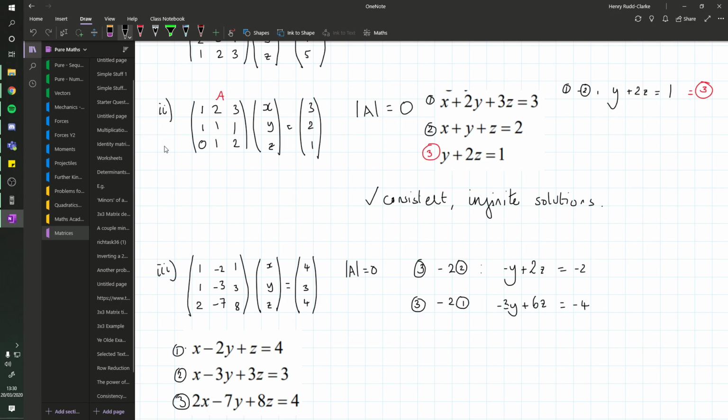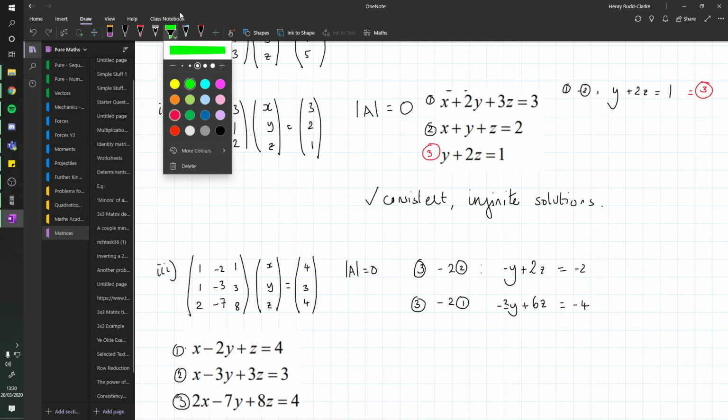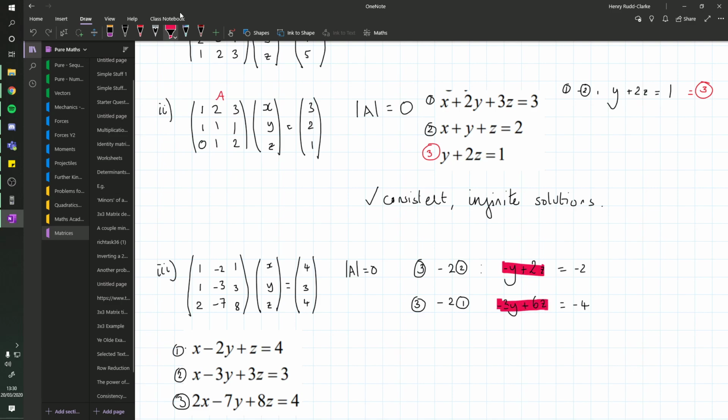So here, if we look at the left hand side of this equation, those are multiples of each other, but the right hand side is not, since it's not the same multiple.